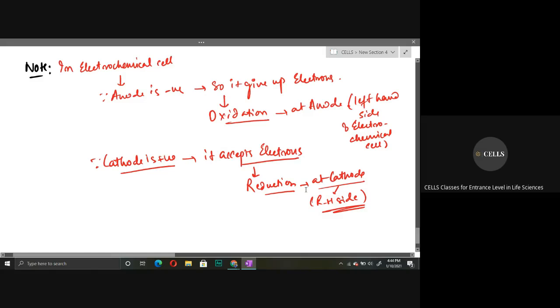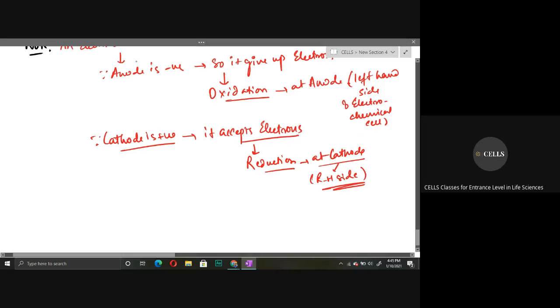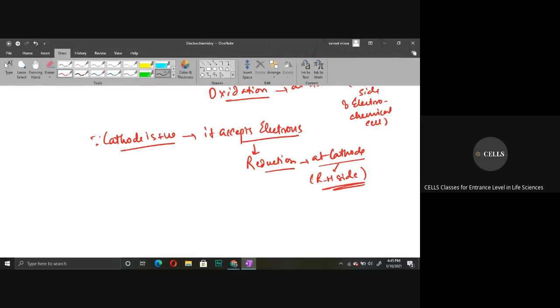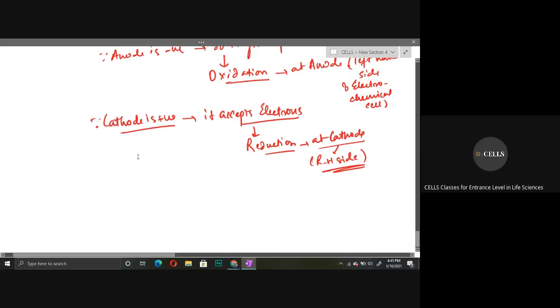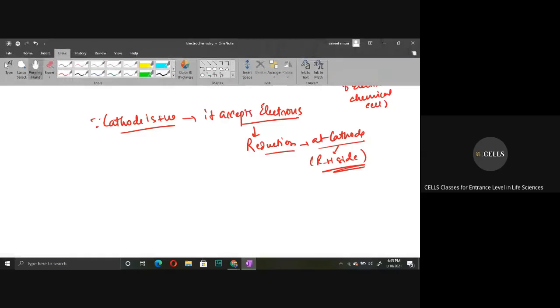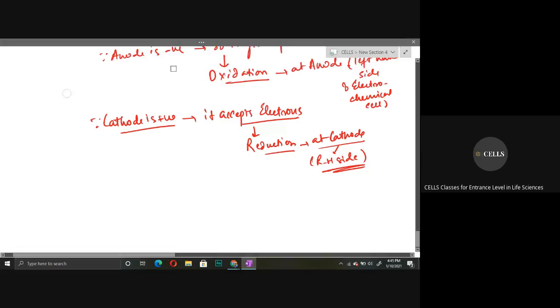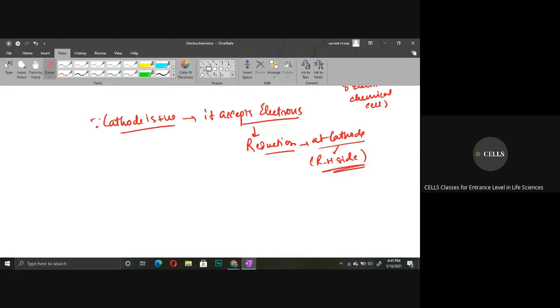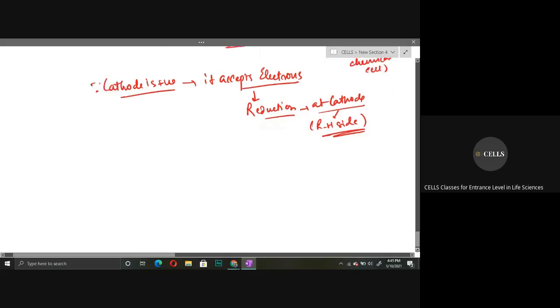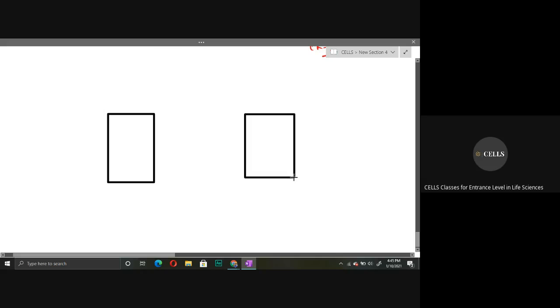Okay, so if you draw a figure, then you will understand this. Suppose these are the solutions where the cathode and anode are present.